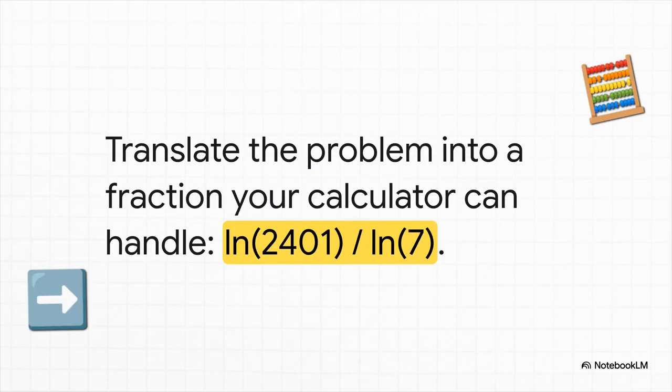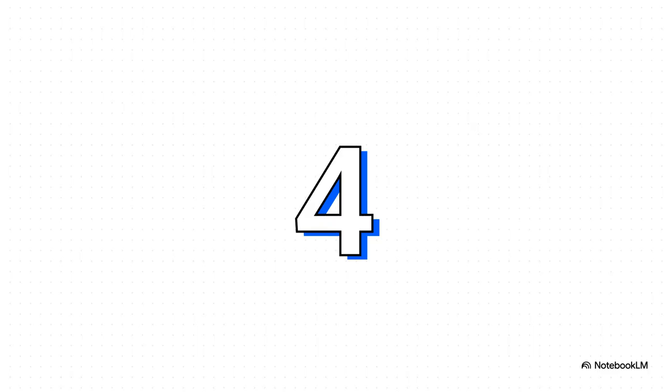All we have to do is apply our new formula. We just translate that base 7 problem into a fraction our calculator can finally understand, the natural log of 2401 divided by the natural log of 7. And now it's literally as simple as punching a couple of buttons. And the answer is 4. That's it. Clean, simple, elegant. And if you check it, 7 to the 4th power is, in fact, 2401.